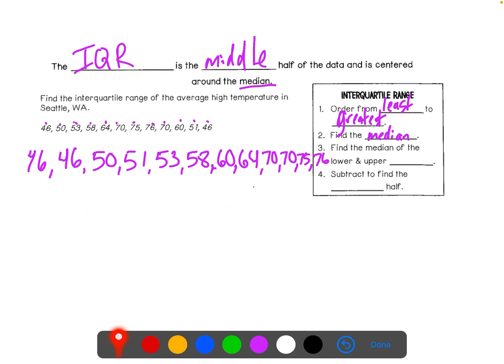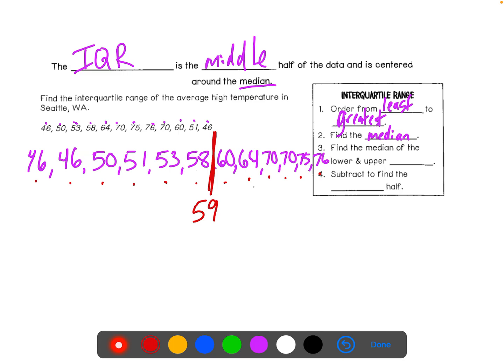One thing I'm not going to do is cross out these numbers, because I'm going to need them as I work forward. So I could count in 1, 2, 3, 4, 5, 1, 2, 3, 4, 5, and keep working towards the center. My median is going to fall right here between 58 and 60. So my median is 59.